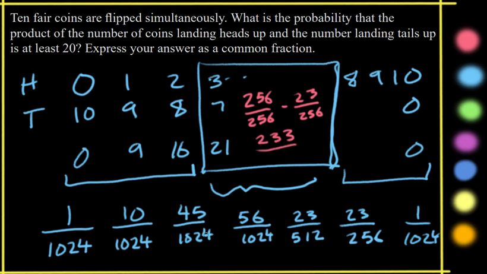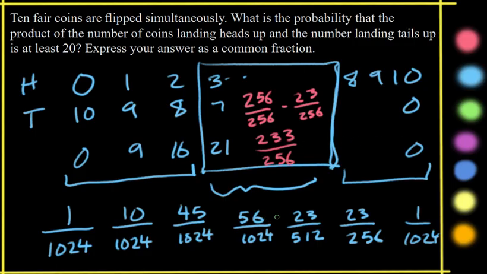Let's see, did I do this right? 56, 23, yeah, 23 out of 512. 233 over 256. I don't think I did that quite right.